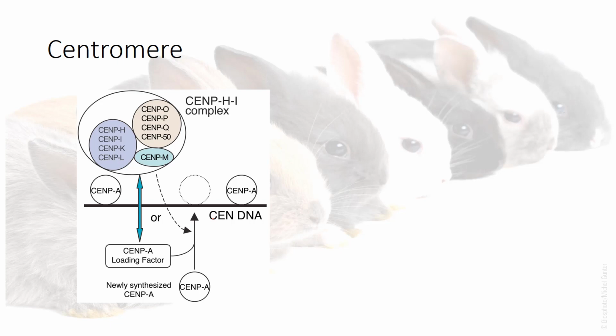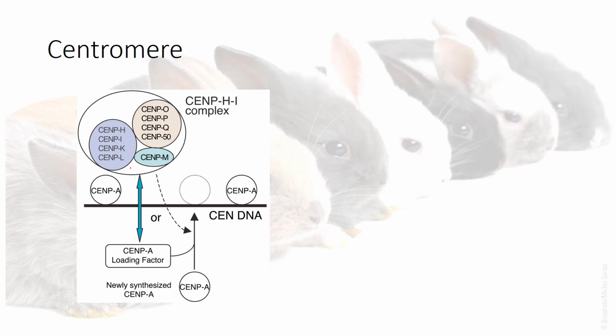It's also one of the most accessible sites on the chromosome when it's in its heterochromatin form. And the reason for that is because you have several proteins that bind to the centromere region. And so here you can see this CENP-H complex, which is made up of 1, 2, 3, 4, 5, 6, 7, 8, 9 different proteins.